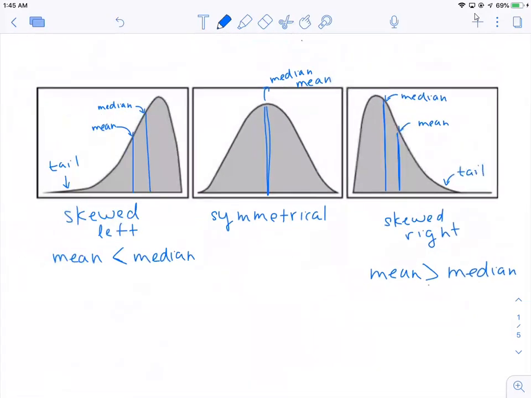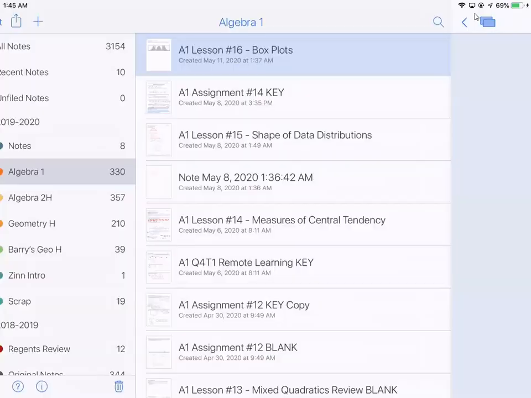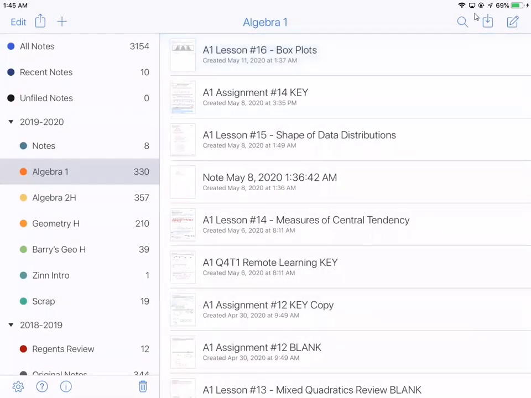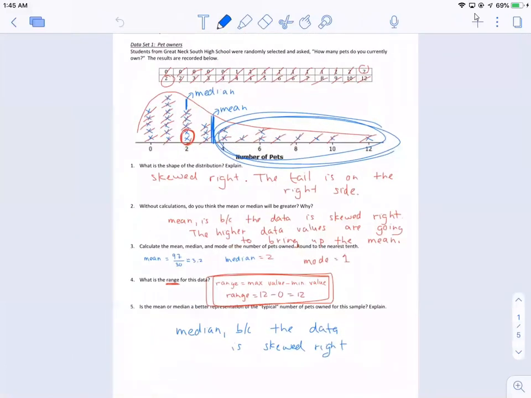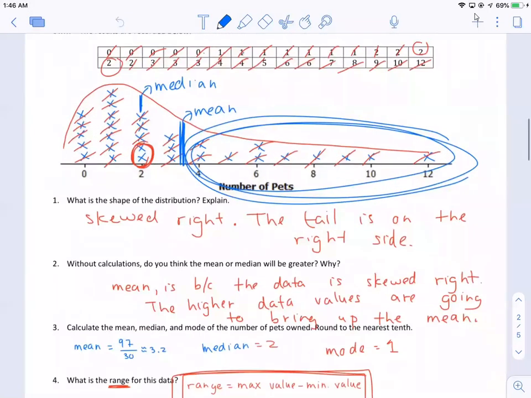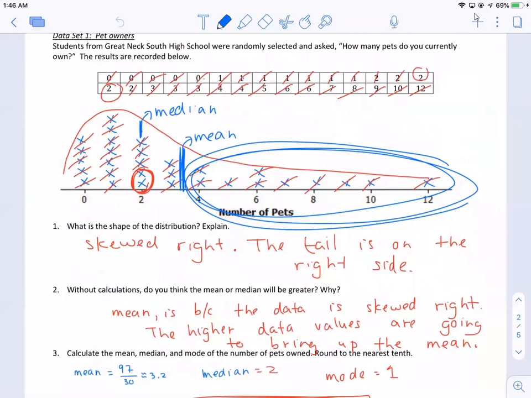All right, if you don't believe me as to this actually happening, well, we did plenty of examples yesterday, right? And we saw that occurs each time when we do it. So like we saw here, when we had a tail on the right, when we actually calculated it, the mean was bigger than the median.